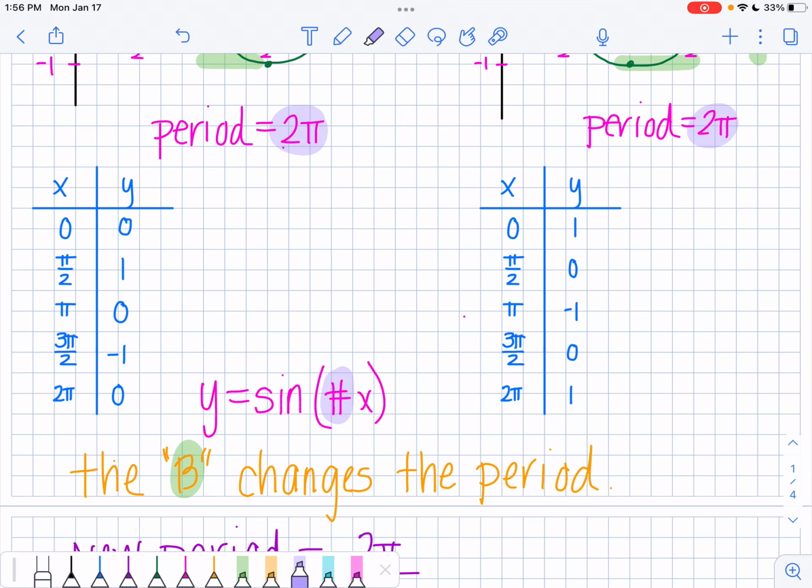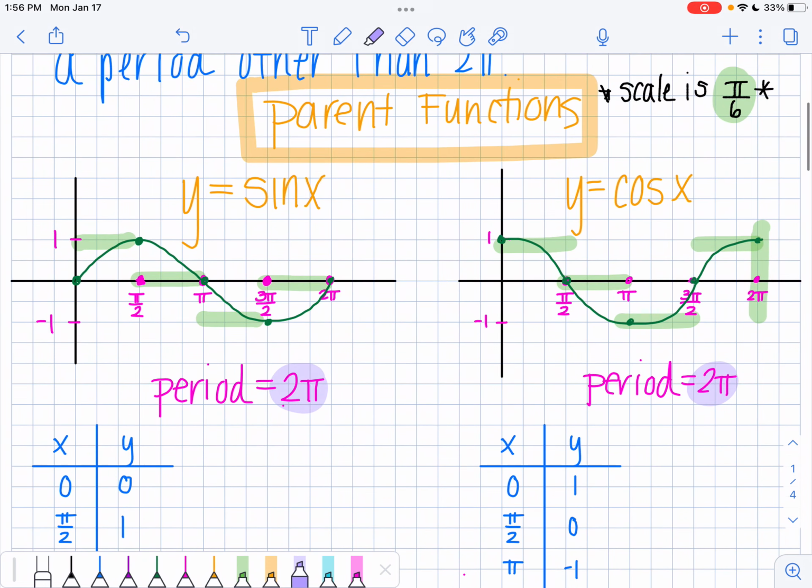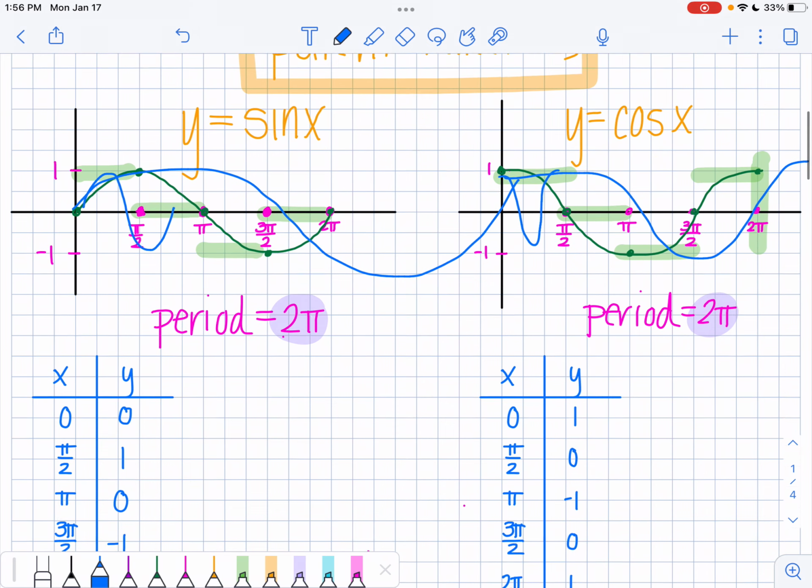It will either shrink it down, so your sine function might look like this, or it can make it really wide so that your sine function will look like that. And it can do the same with cosine. It can make it really small, or it can make it really wide like this. So that's what that b value is going to do. It's going to change how often, or how long it takes, for the function to repeat itself.